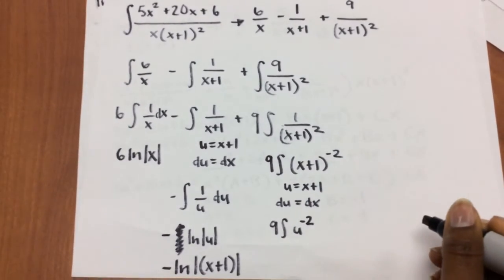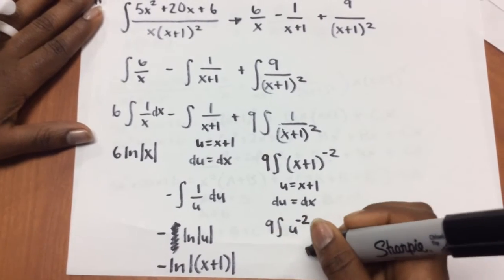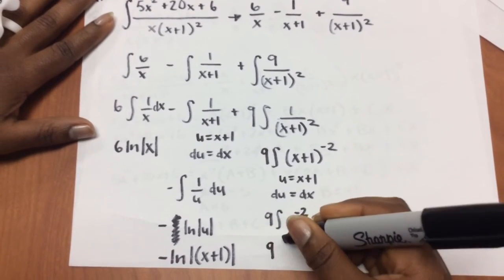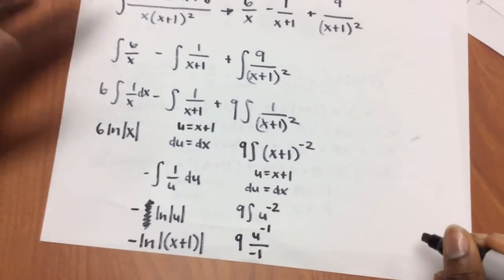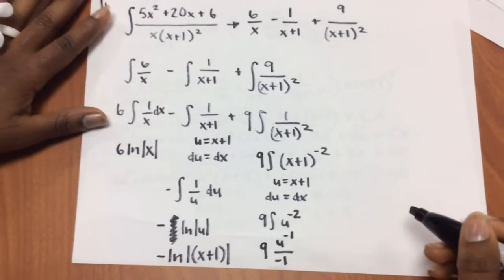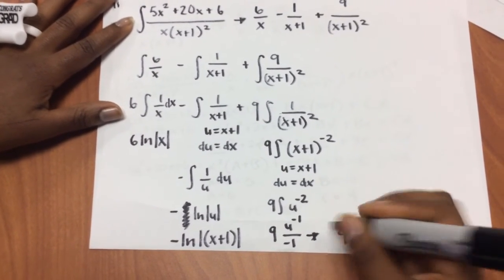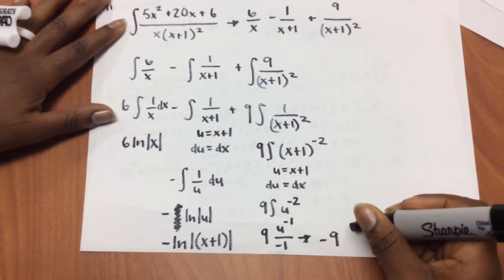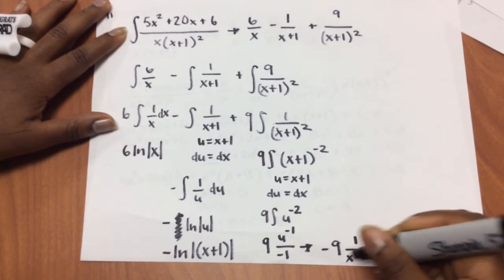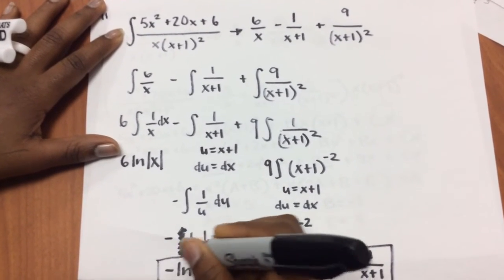This is the power rule, I'm not going to explain it. And so the answer to this integral would be 9 times u to the -1 over -1. And since u was x plus 1, I'm just going to rewrite this as -9, because of the -1, times 1 over x plus 1. So these were our 3 answers to the 3 separate integrals.